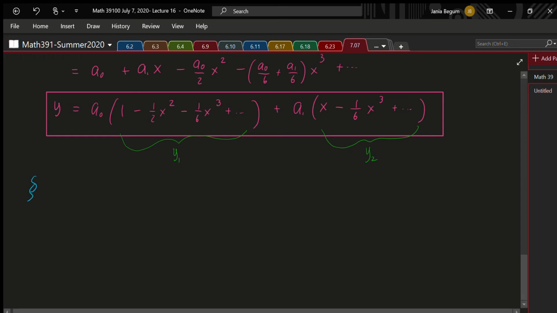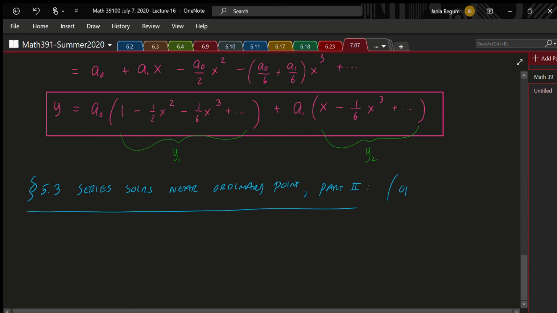So 5.3: series solutions near ordinary point, part 2. Okay, so I will just put this as optional.